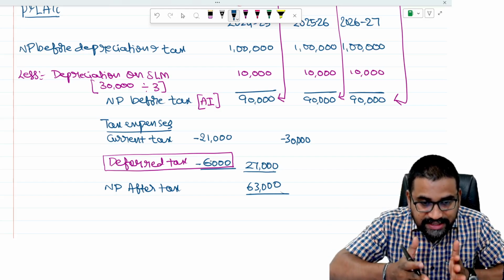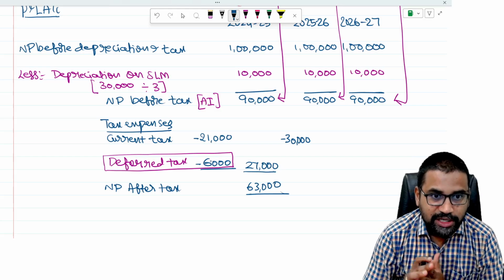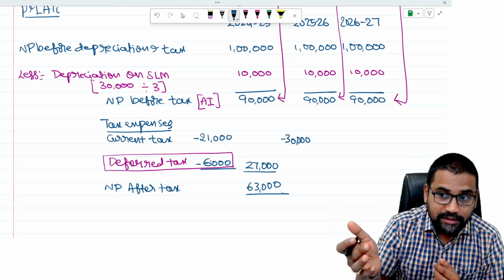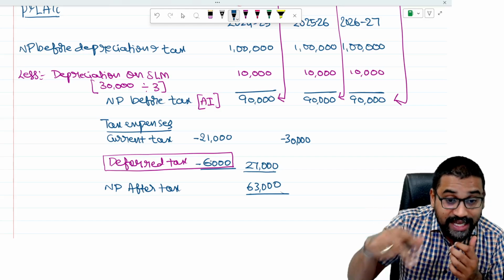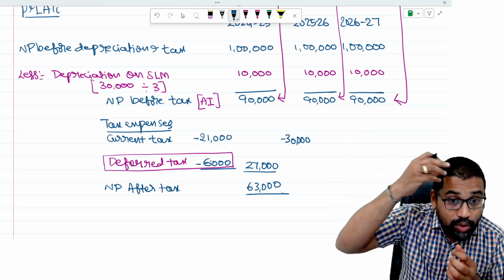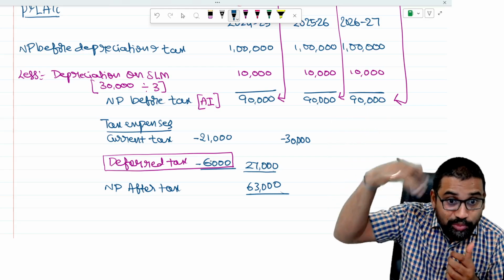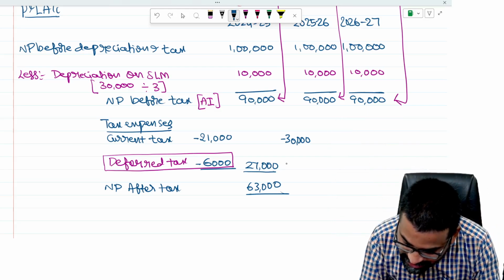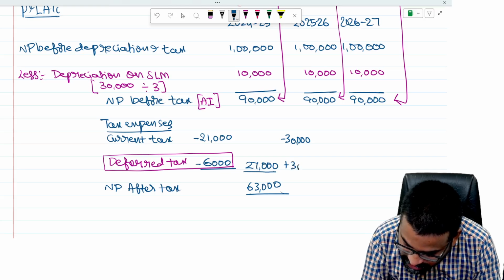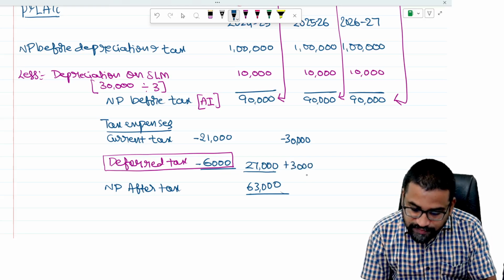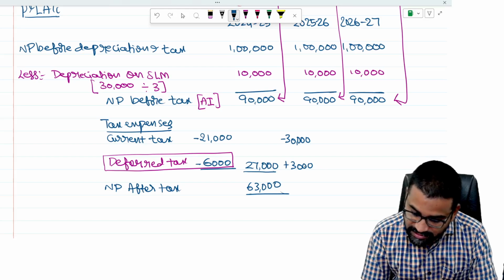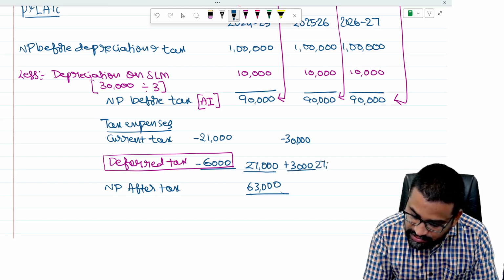Because in the first year there is a difference between accounting income and taxable income, 20,000. So save now, pay later. You saved now, pay later. Next year 10,000 reversed. That means whatever tax liability on the 10,000, you paid. Therefore your liability is reversed by 3,000. Out of 6,000, 3,000 is reversed. So it will be 27,000.